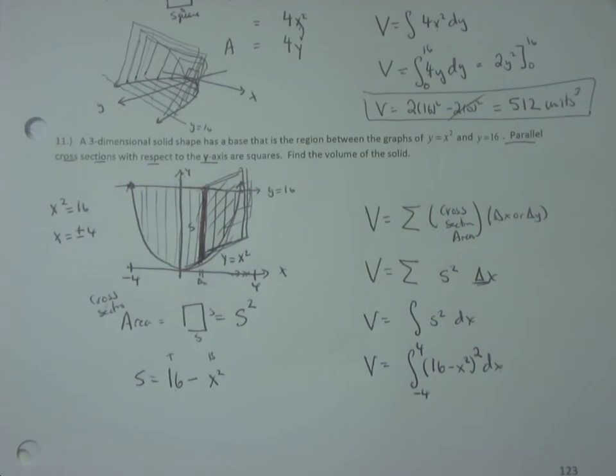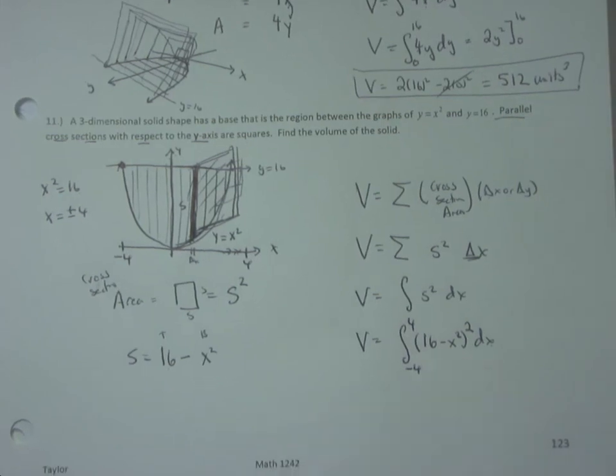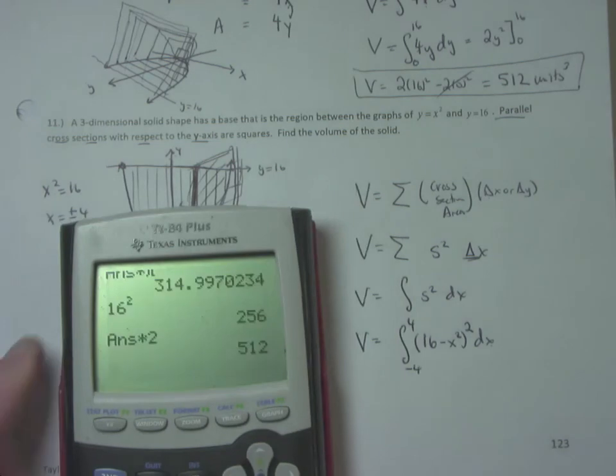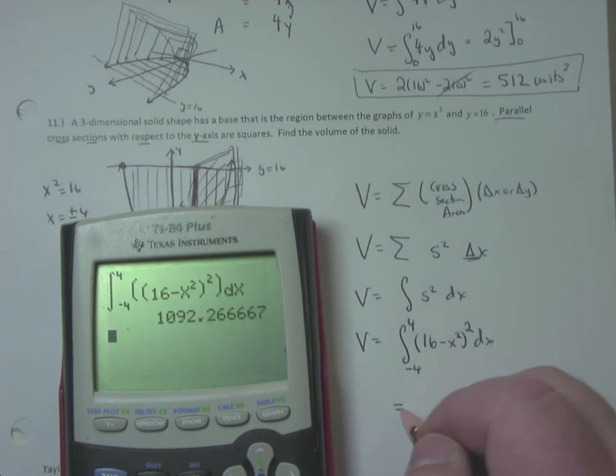Does that make sense? Now I could integrate this by hand, but I would have to fold this guy out. So quickly, let's just integrate it on the calculator. Math number 9, integral from negative 4 to 4, and parentheses 16 minus x squared, close parentheses squared, dx. And what do I get?